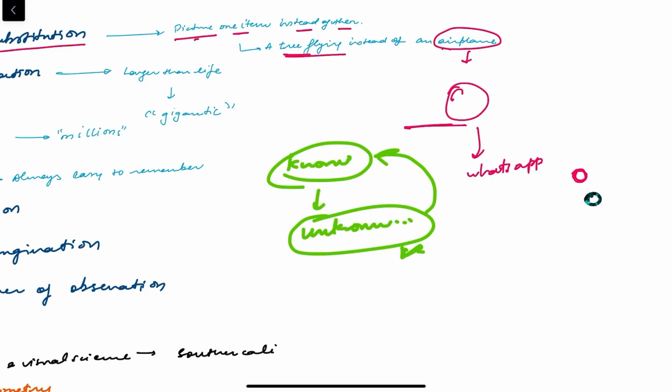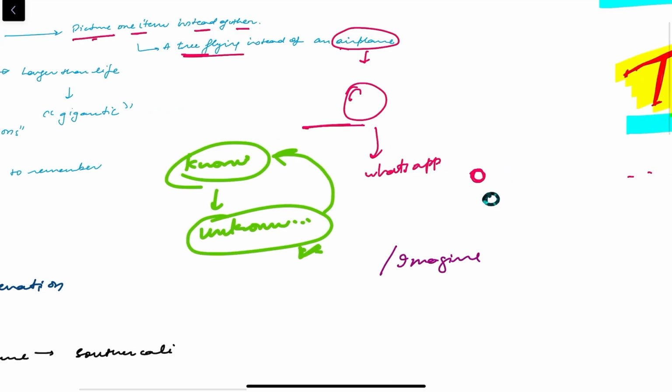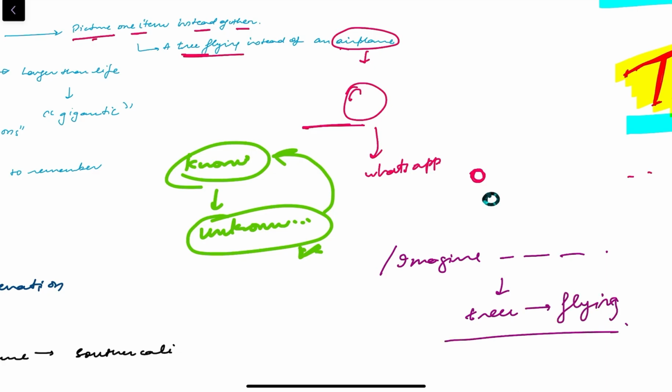You go to it, you enter a slash, and then automatically it shows imagine. After this comes up, you type in whatever you want to visualize, for example, a tree flying instead of an airplane. The moment you type that, it will create an image of a tree that is flying. Now you have that image. This is a very cool thing. I would suggest that you go and do it right now.